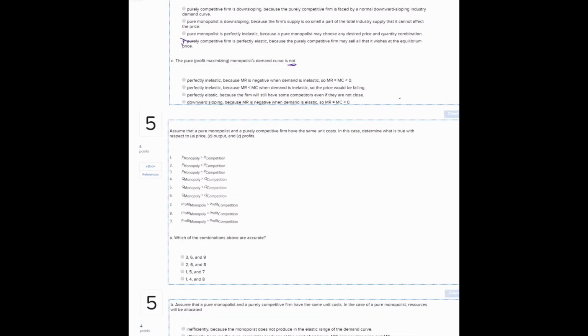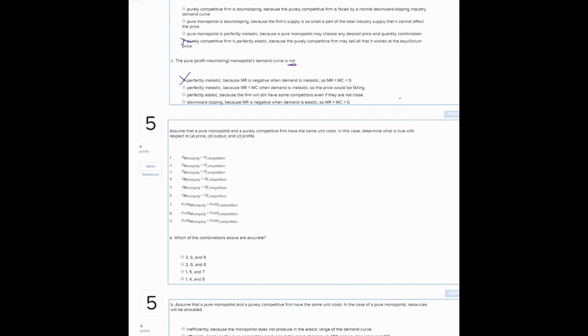C, the pure profit maximizing monopolist output or demand curve is not. And the answer here is it's not perfectly elastic because marginal revenue is negative when demand is inelastic. So marginal revenue is equal to marginal cost at values less than 0.